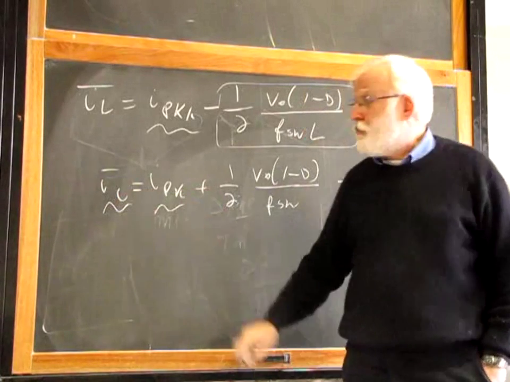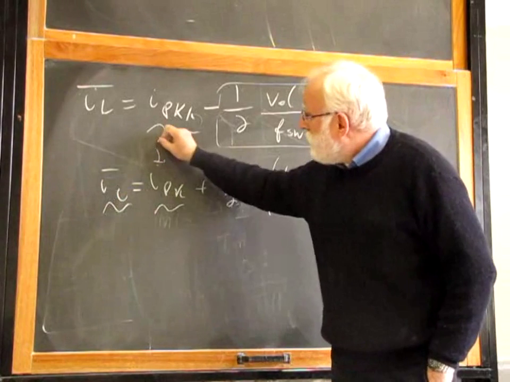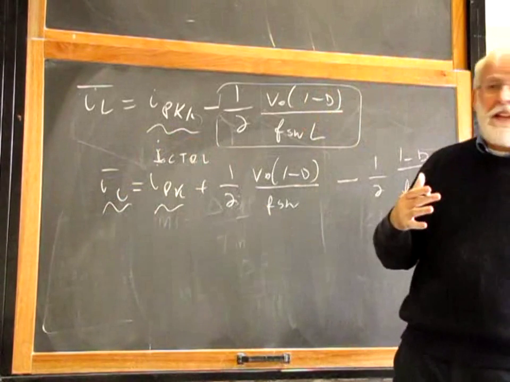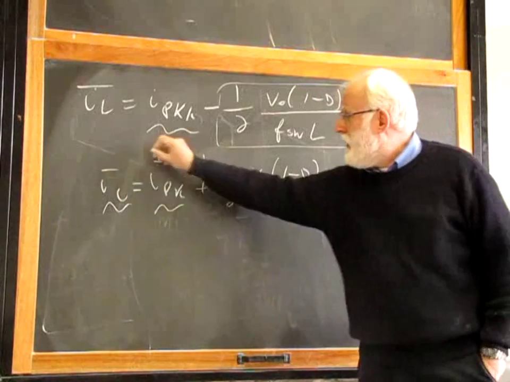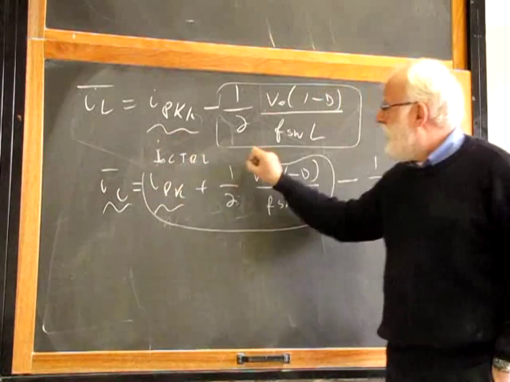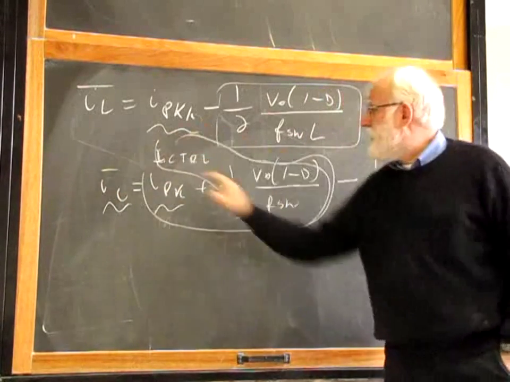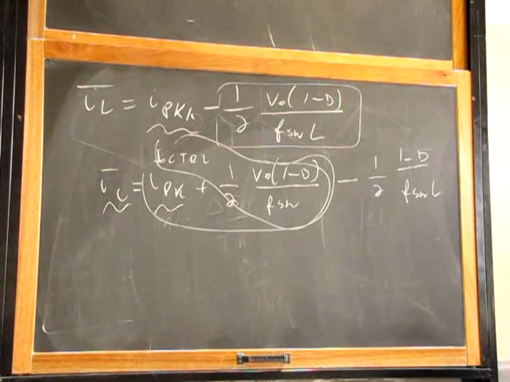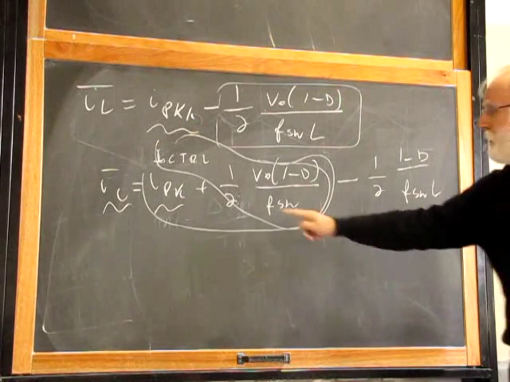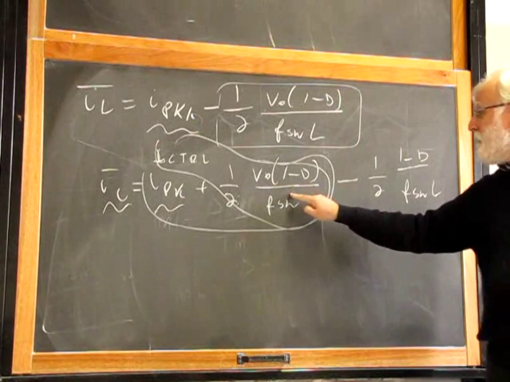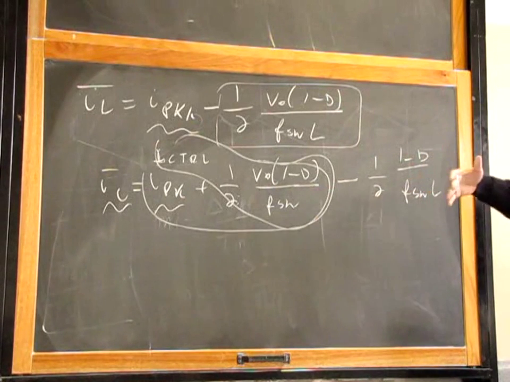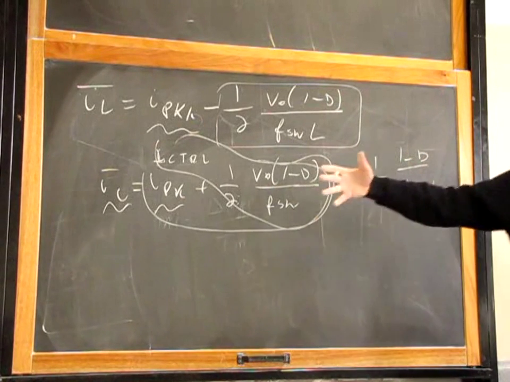Here, instead of I peak, I should call it I control, because it's not indicating the peak value, because I peak is I control plus this term. So instead of asking for the current you want, you ask for the current you want plus this correction term. The system removes this correction term because it's late, it's giving you less, and you get exactly what you want.